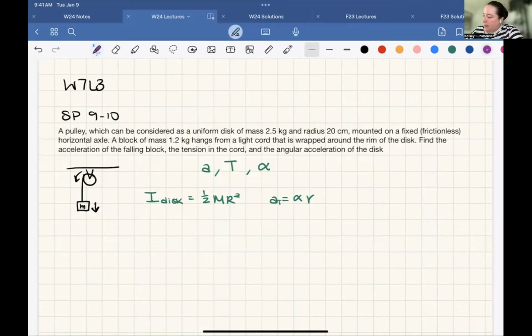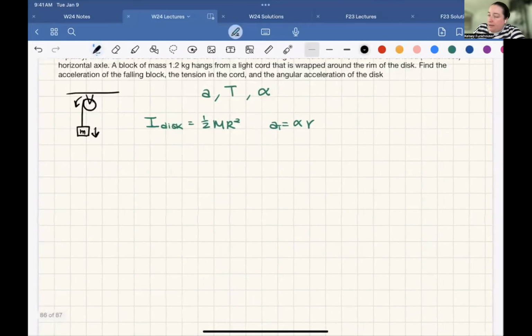Now let's draw a free body diagram for the mass and then an extended free body diagram for the pulley. So here's the one for the mass. It's just its weight, the tension, and I didn't draw these exactly to scale because it's accelerating down.